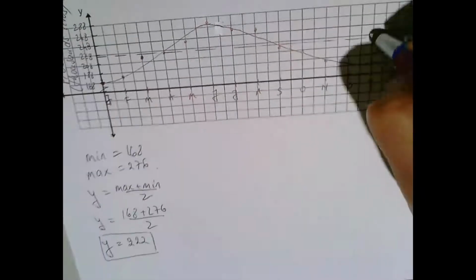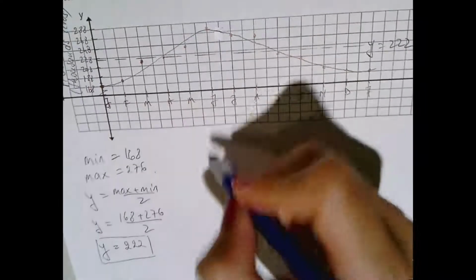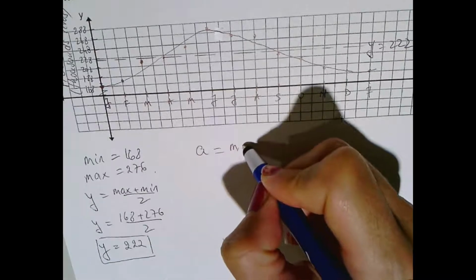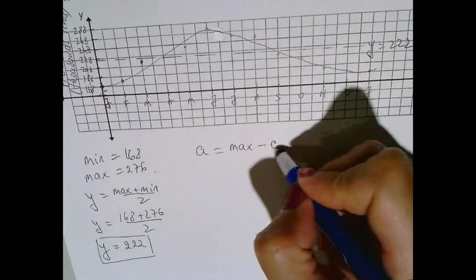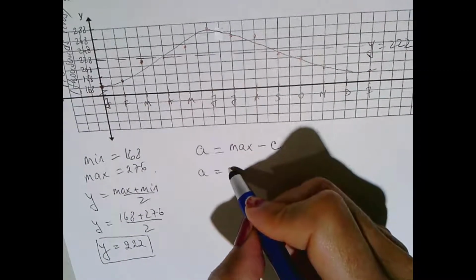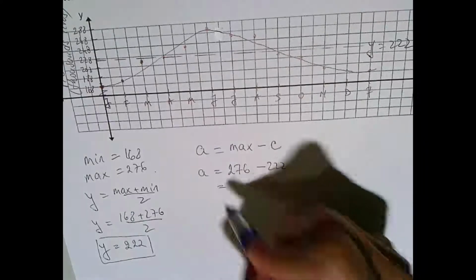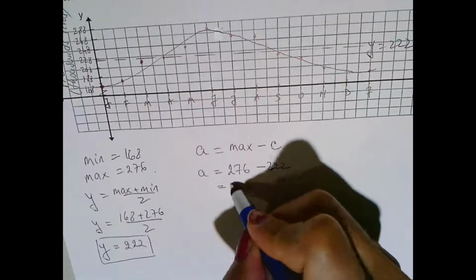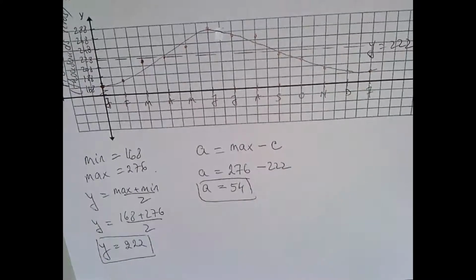Equals 222. My amplitude equals max minus the c value, so amplitude equals 276 minus 222, which is 54. So my a is 54.